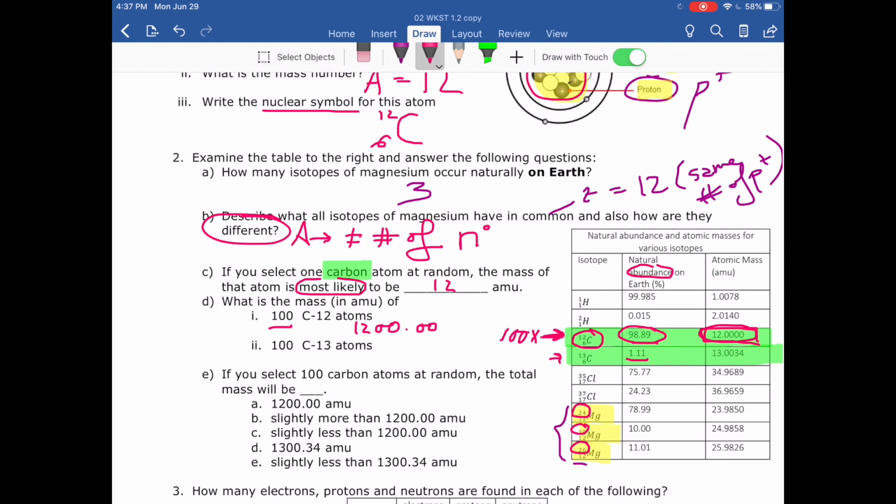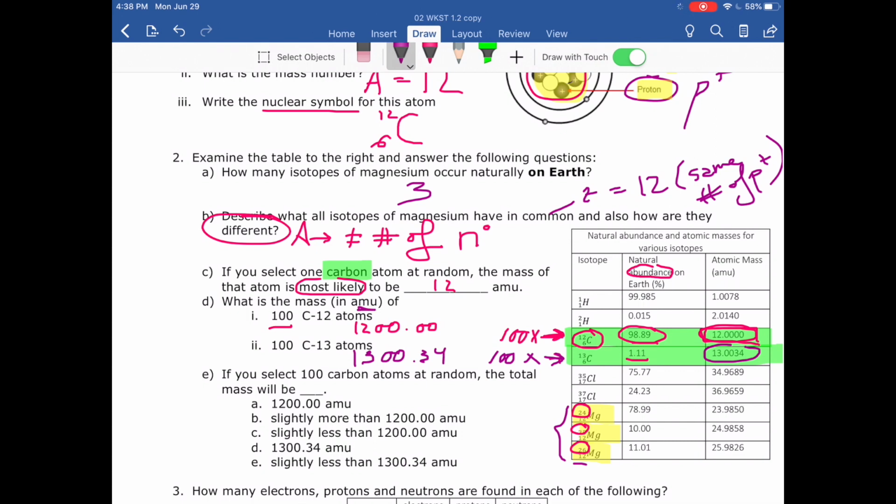And what about the other one? The other one is carbon 13. If I have one carbon 13, its mass is 13.0034. But if I have 100 of those, the mass of all those 100 atoms is going to be 1300.34 AMUs. That's the unit.